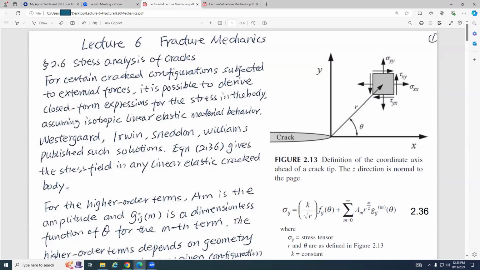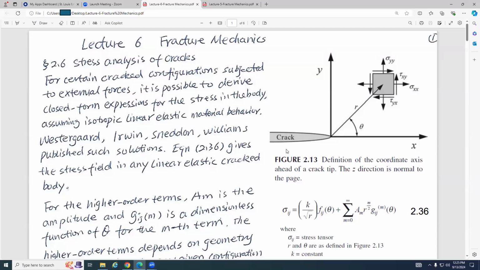Okay, so this is the equation that gives the stress field in any linear elastic cracked body. Suppose this is a crack. Here is the crack tip, and we establish the XY coordinate system using this crack tip as the origin.